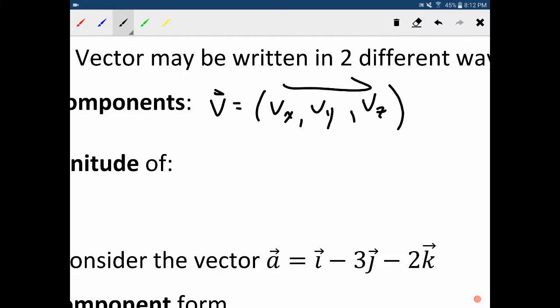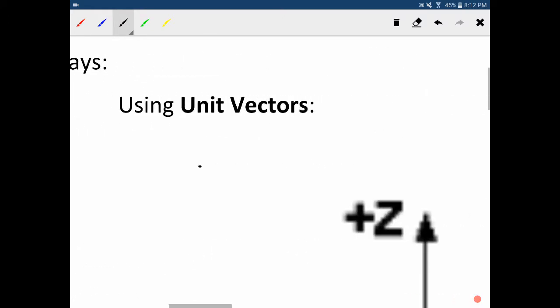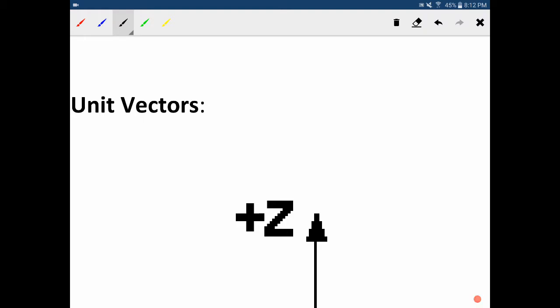We can denote it like that, or alternatively we could use unit vectors, which is vx times vector i plus vy times j, and vz times k.